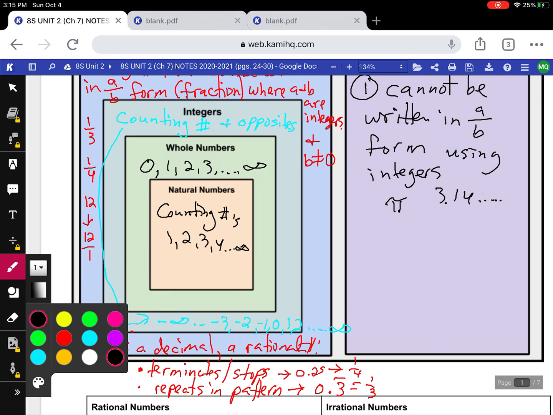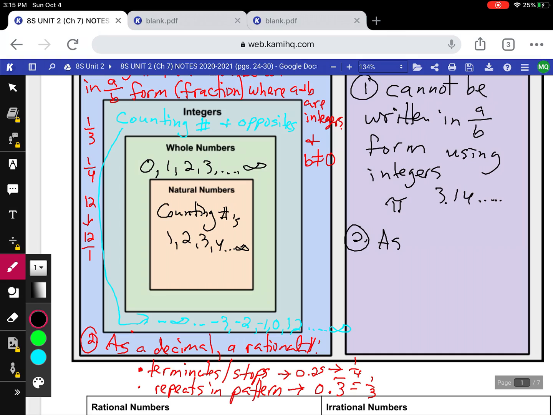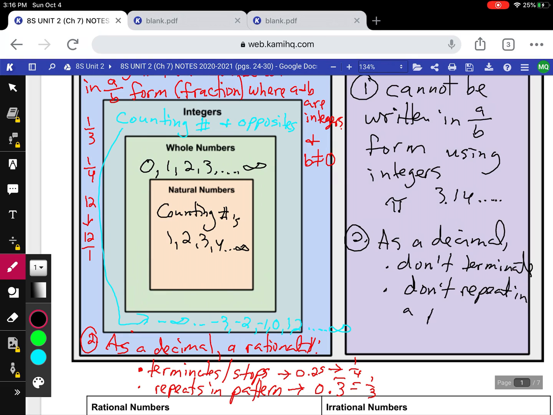Okay, another definition would be when we're talking about decimals. As a decimal, you don't terminate, meaning you keep going on and on forever like pi, or you don't repeat in a pattern.